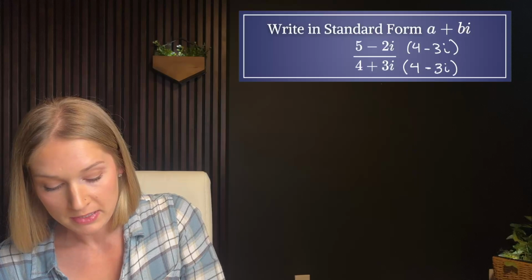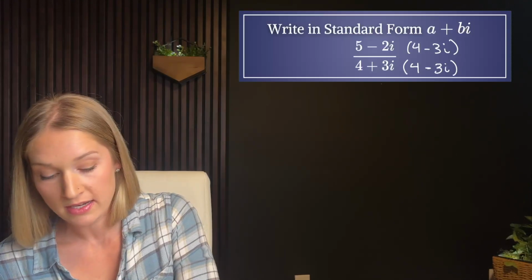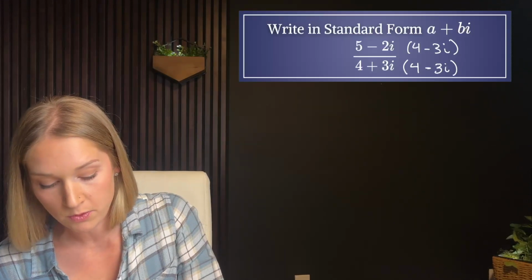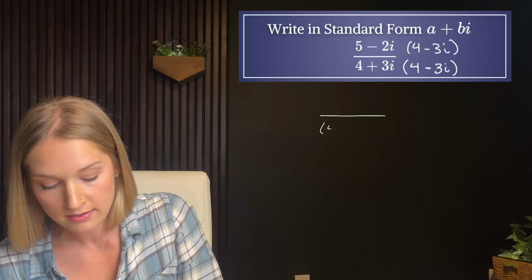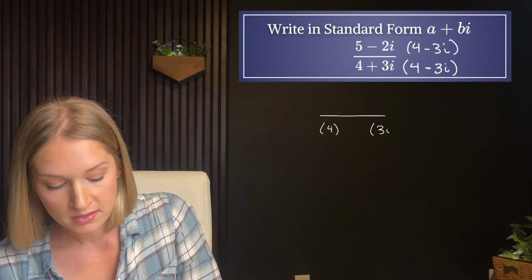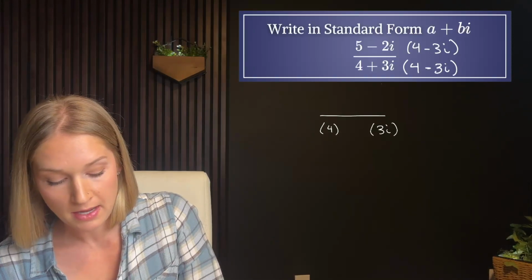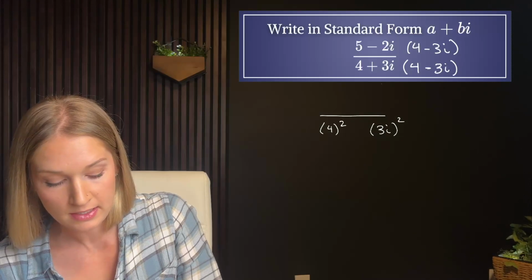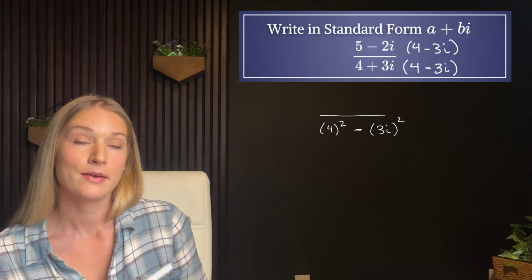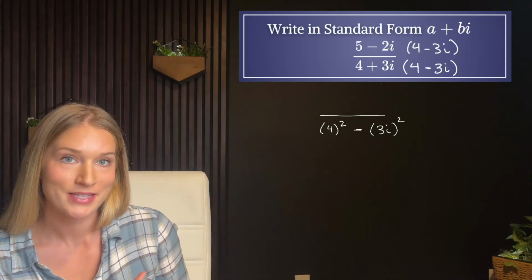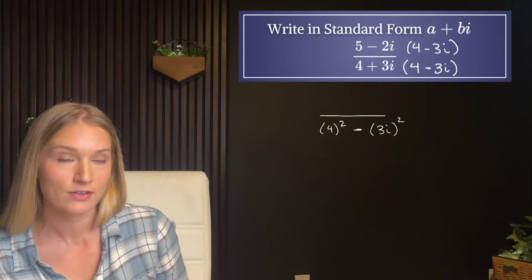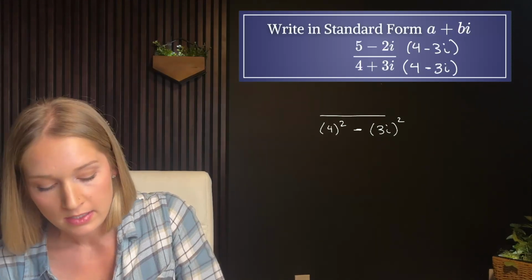So in the denominator, I do have the difference of squares. I have the same two bases, a 4 and a 3i, and they are being added and subtracted. So to multiply them out, I can square them separately and then take the difference. Now, unfortunately, the top is not that straightforward. So the top, the numerator, I'm going to have to multiply out.